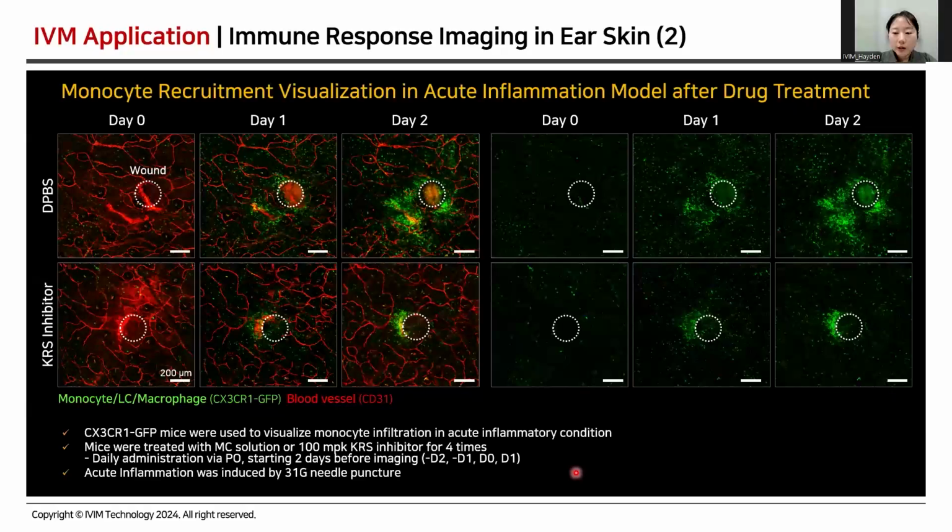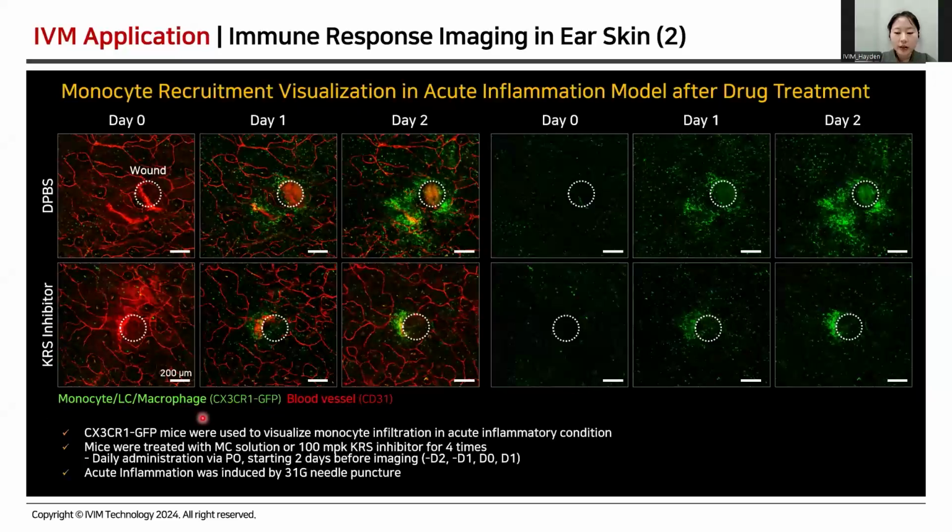And in the second imaging experiment, we used CX3CR1-GFP transgenic mice, which express endogenous GFP in monocytes and macrophages, to visualize the immune responses in ear skin. A wound was induced with a 31 gauge needle puncture, and a KRS inhibitor known for disrupting cell-to-cell adhesion was applied 4 times.